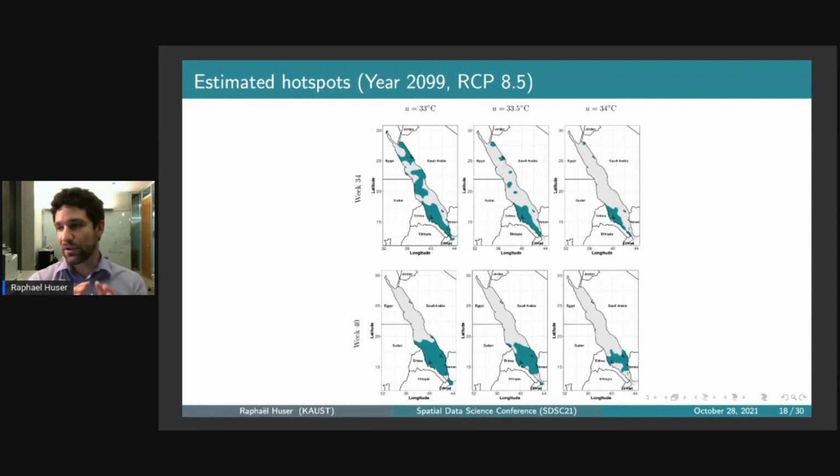If you just look at the bottom panels, week 40, you see that the estimated hotspots cover a very large portion of the south part of the Red Sea. These hotspots in fact cover the Dahlak Island and the Farasan Islands of Saudi Arabia. This indicates that there is a very high chance of coral bleaching in these areas by the end of the century.